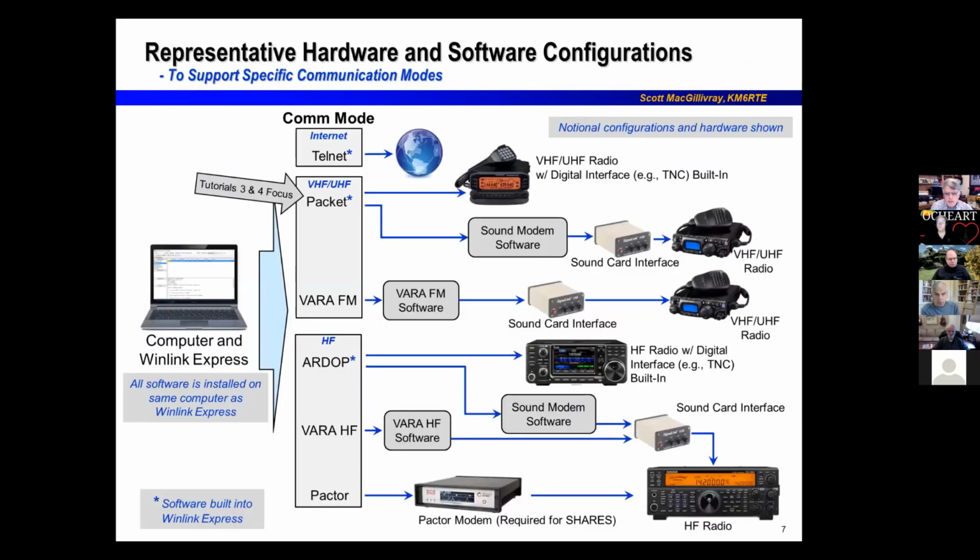Okay, so this gets down now to where we're starting to see both the hardware and the software configurations. Basically what I'm trying to show here is how we connect the computer running your Winlink Express, and how it would then be connected depending on the communication mode that you want to use.